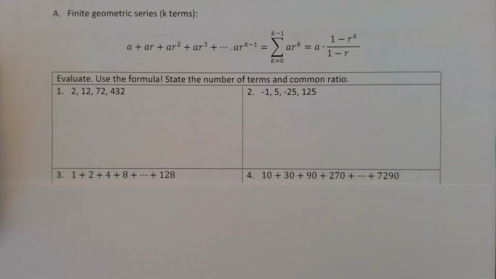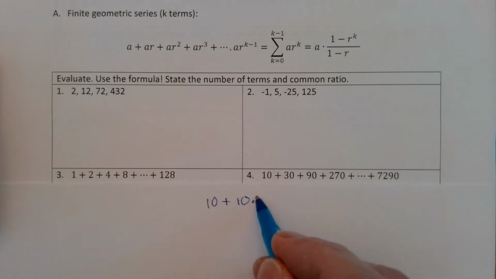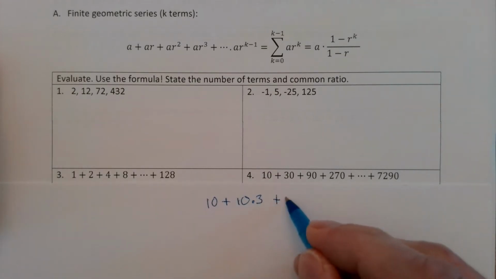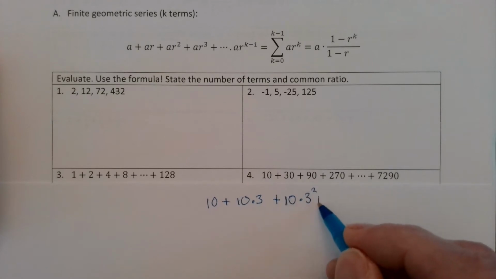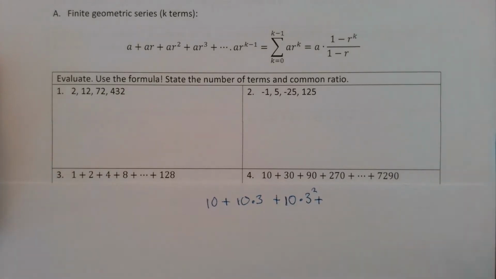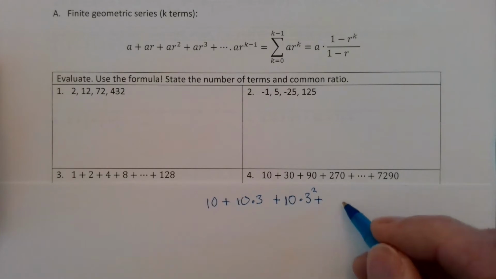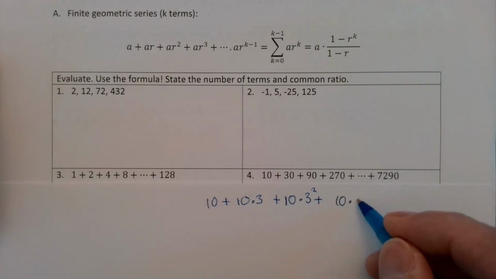So just like with the last problem, let's start off by writing each term as 10 times some power of 3. 10 times 3 is 30. 10 times 9 is 90, but of course 9 is 3 squared. 270 is 10 times 27, but 27 is 3 to the third power.